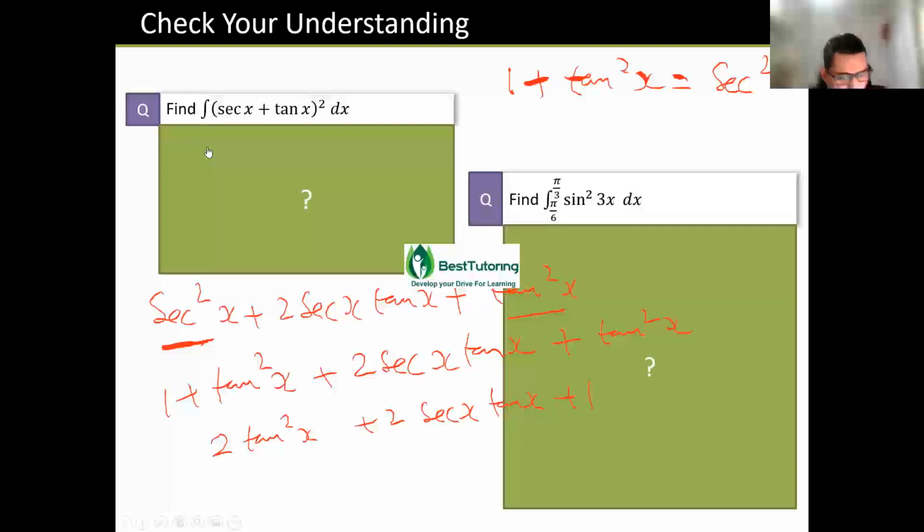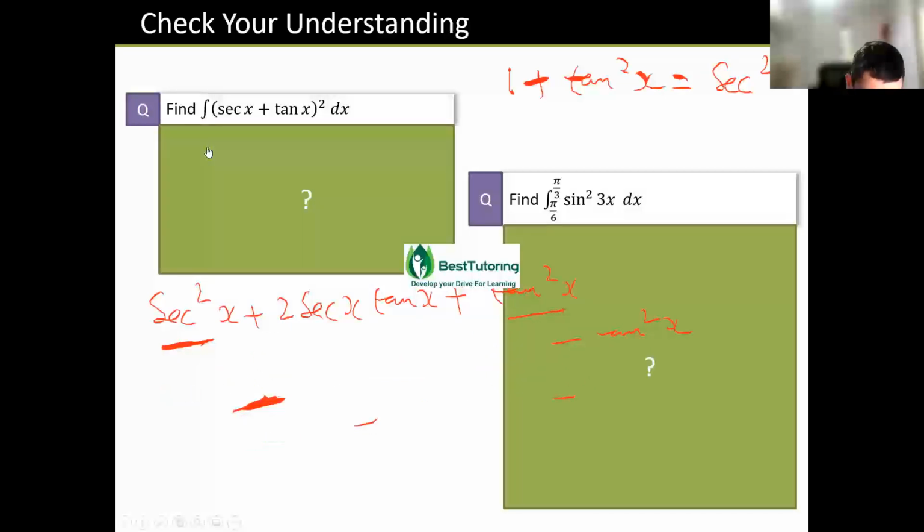Do we know how to integrate tan square x, guys? I think sec square x we can leave in terms of sec square x. That may help us, and we can change tan square into sec square because we don't know how to integrate tan square x. So I will rather go the other way. We convert tan square into sec square x.